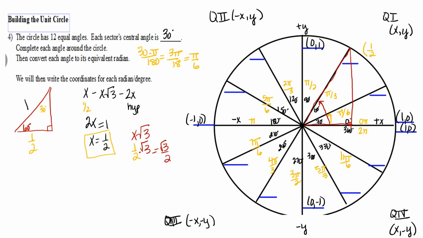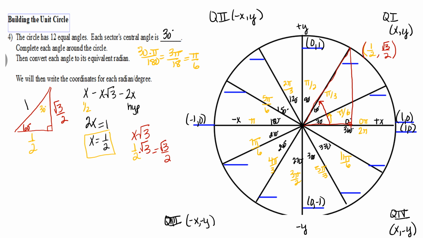So our 60-degree angle has coordinates of 1/2 for the x distance and square root of 3 over 2 for the y distance. So very similar to those that we did for our 30-degree angles, the x and y coordinates flip-flop places.